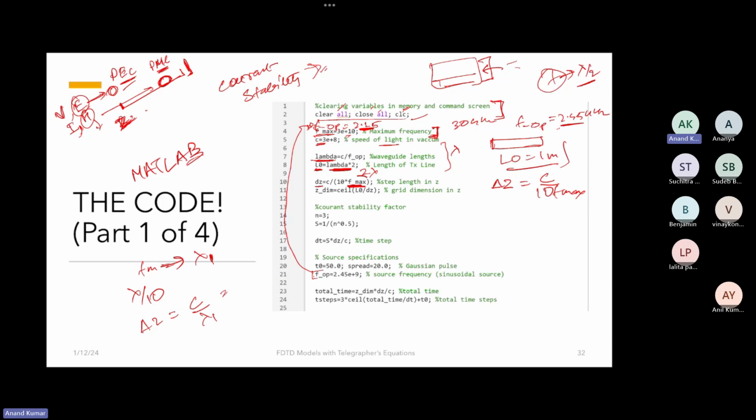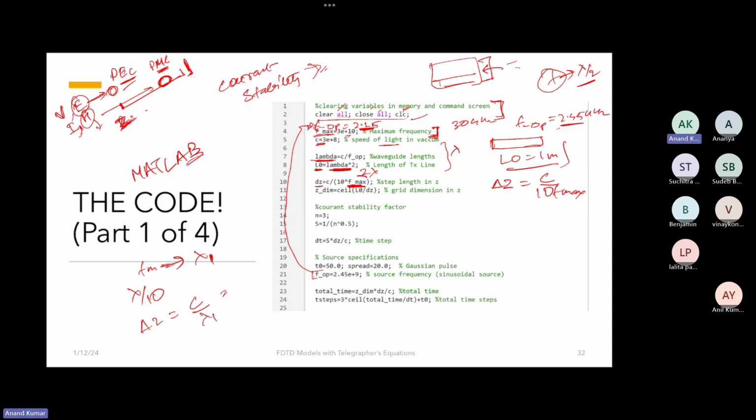I'm making some mistake over here. Just give me a second to figure out because of what I wrote. Yes, you wrote lambda as c by Fmax, and lambda by 10 is what you wrote there.